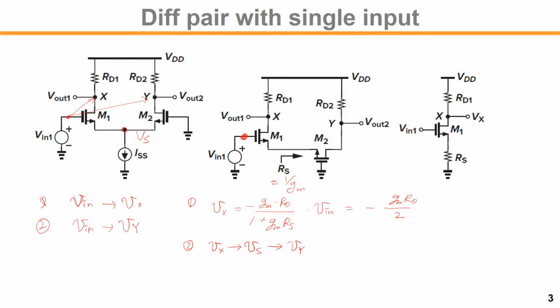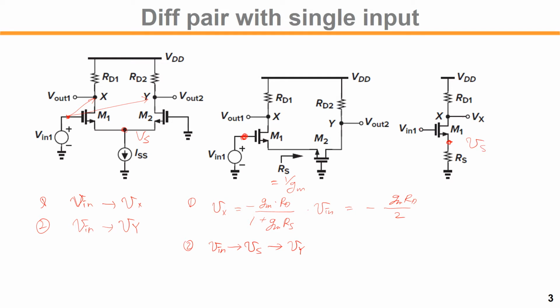I'm sorry, so Vin to Vs, and then Vs to Vy. So from Vin to Vs, the gain would be what? So from here, this node would be Vs.